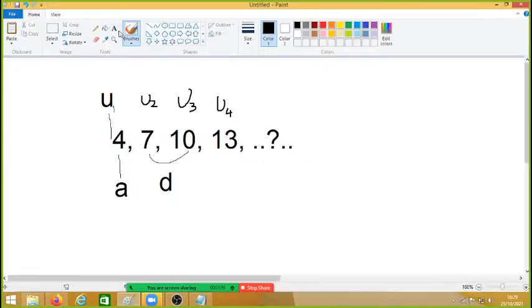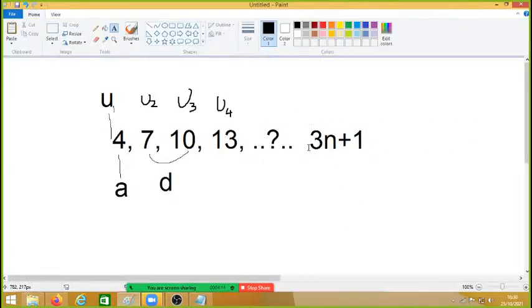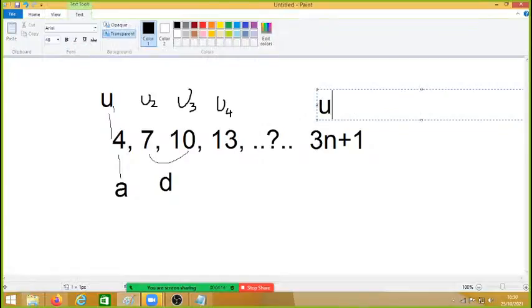And then once we find the general formula for the sequence, which in this case would be 3n plus 1, we can call that the nth term, or we can just write un.